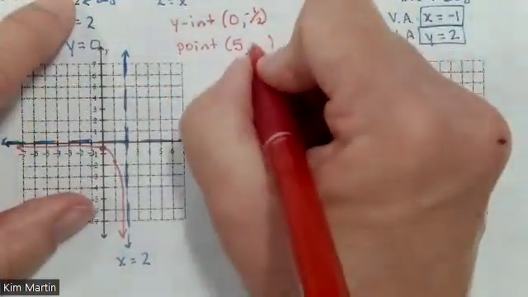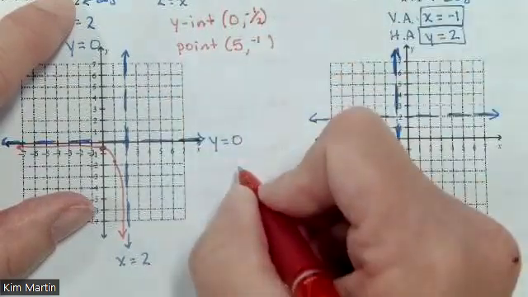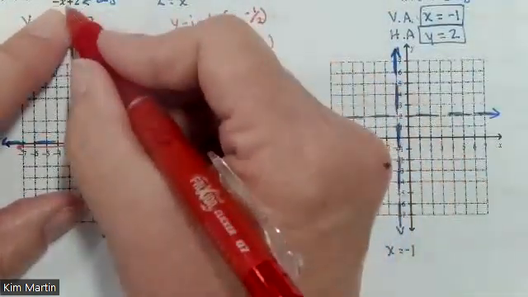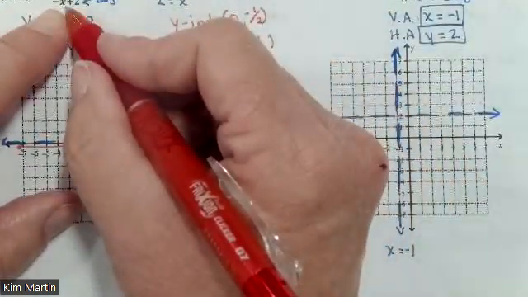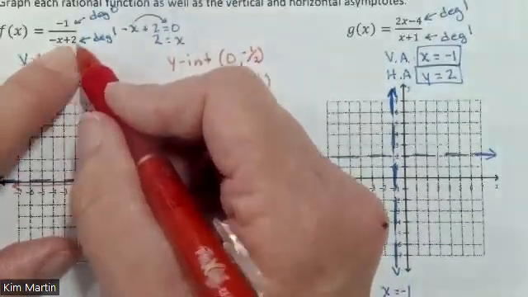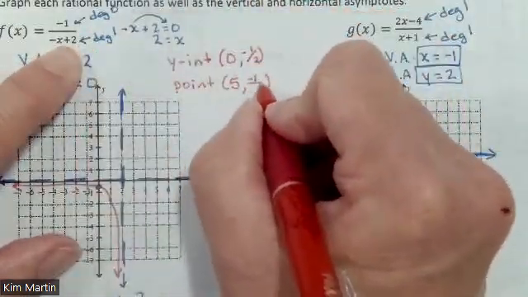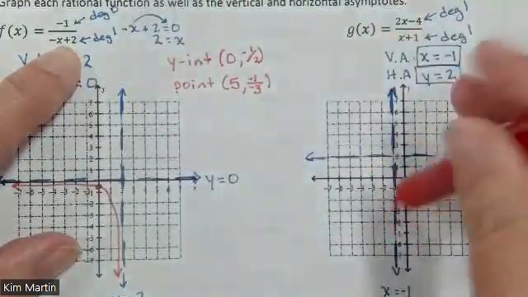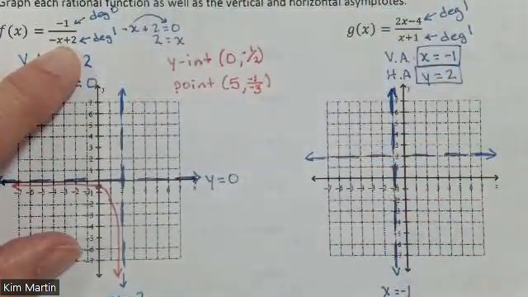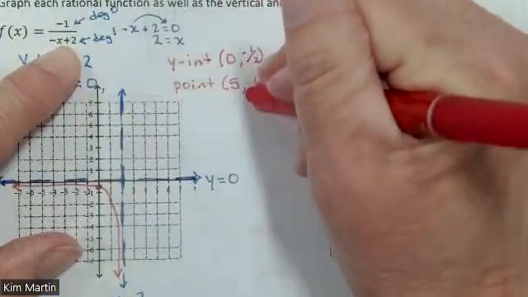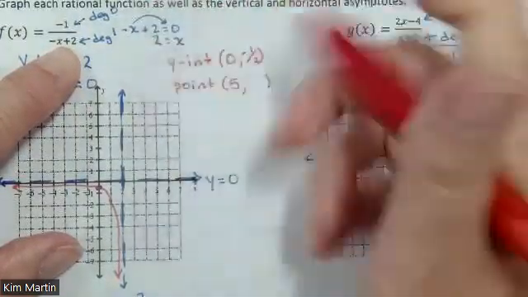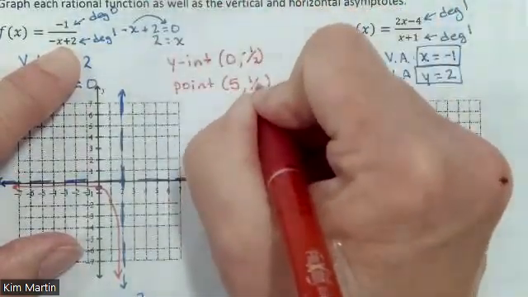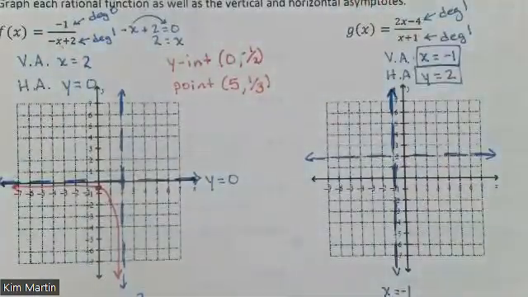I'm going to have -1 on the top. When I plug in 5 here, it gives me 5 plus 2 gives me 7. Well, what's -1 over 7? Just by plugging it in, that was it.